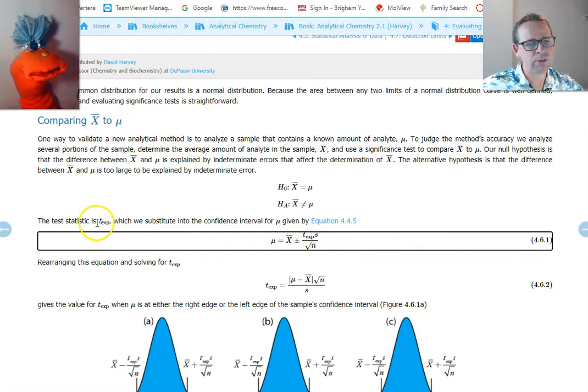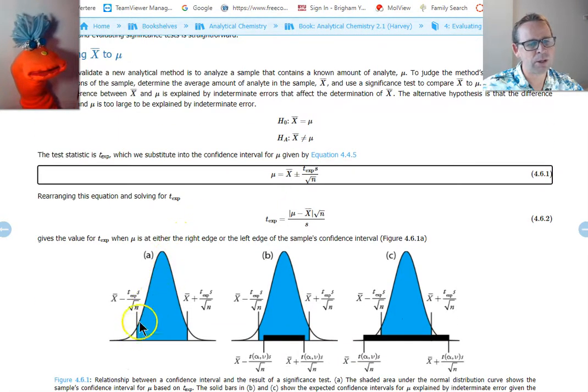Well, if we have an expected test value there, we can look at our distributions in terms of these test values on the lower end or the upper end.